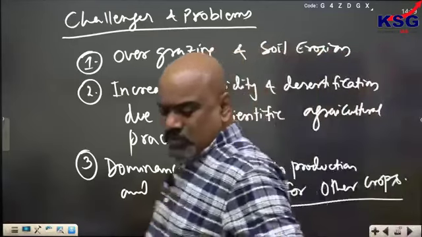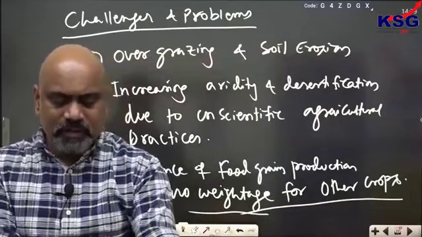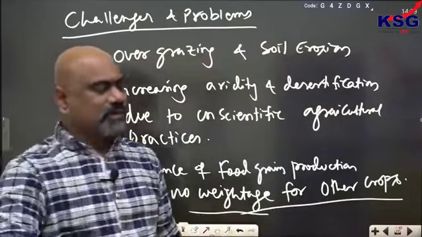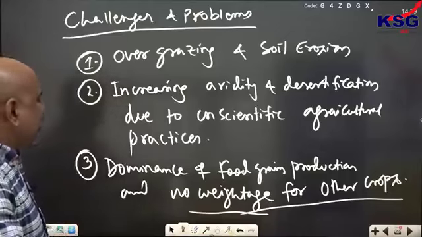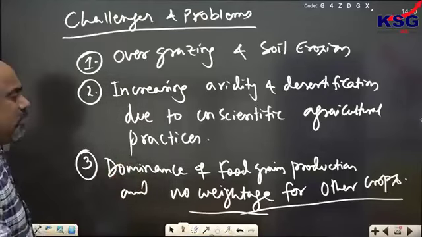This leads to monoculture. Only a single type of crop we cultivate here. And agriculture, if you look at it, is associated with dairy farming also, but dairy farming is very limited, not very widely extensive.